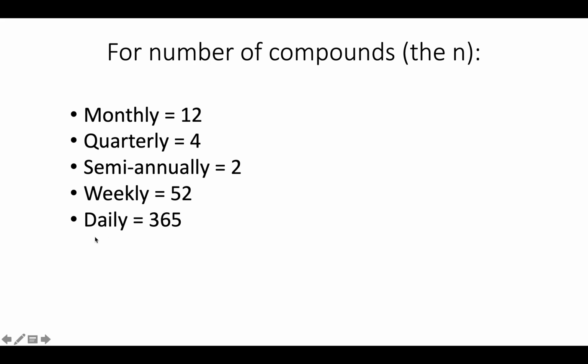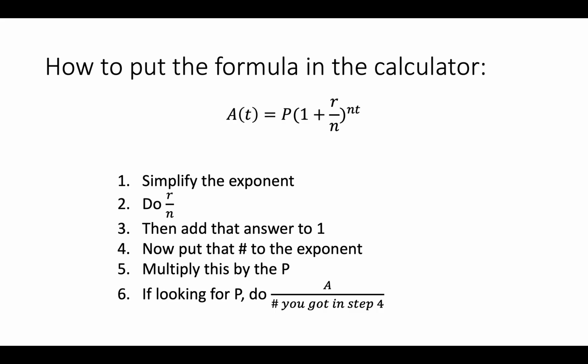And if it's compounded daily, it's always going to be equal to 365. Some of you have reached out and asked, what if it's a leap year? It doesn't matter. We're never going to use 366.